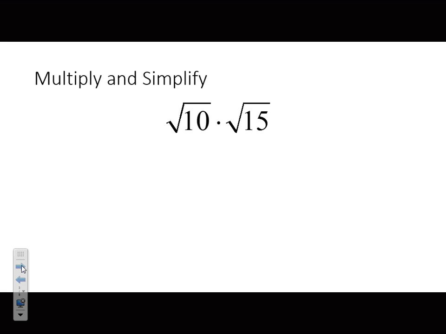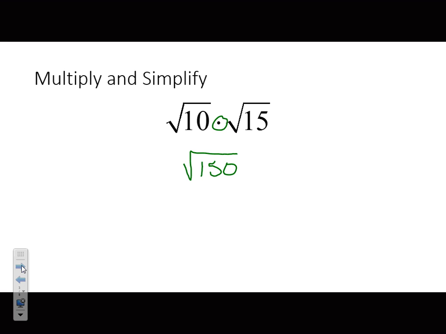First thing I like to look at when I'm doing this is if I can break down these into perfect squares already. And 10 and 15 are not perfect squares, so what I'm going to do, right here it tells me to multiply. So I'm going to multiply them together. So I'm going to get the square root of 150. Now I have to figure out what is my largest perfect square that can go into 150.